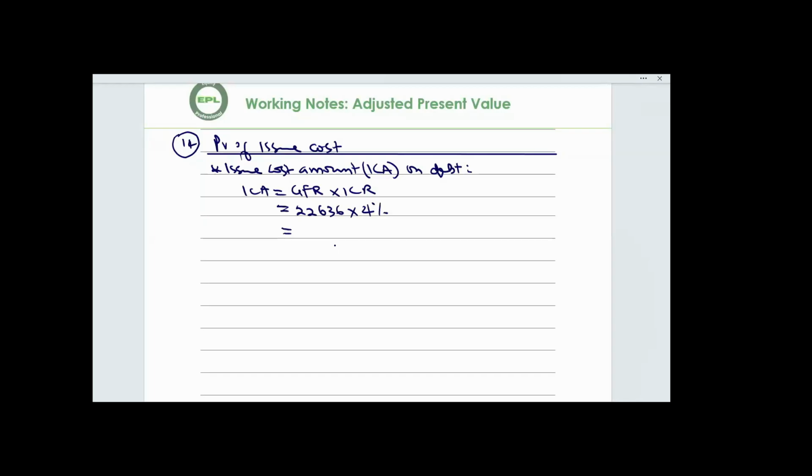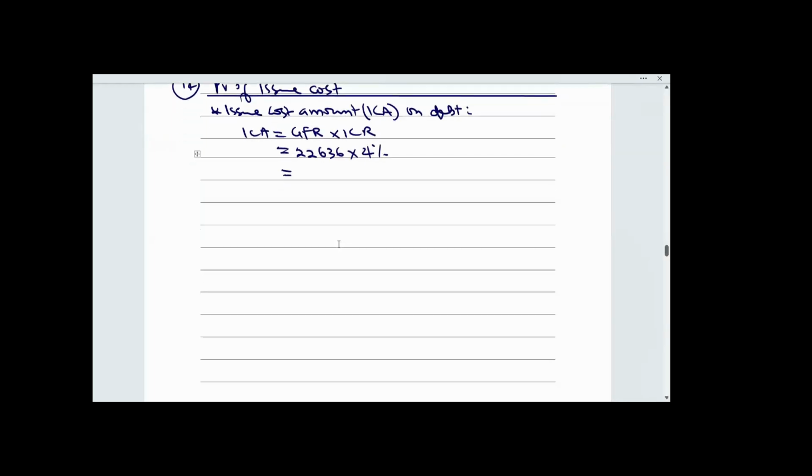So this will give us what? 905. Yeah, that's correct. 905 is the issue cost.